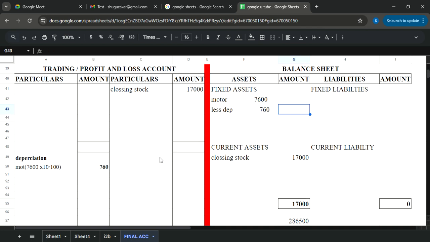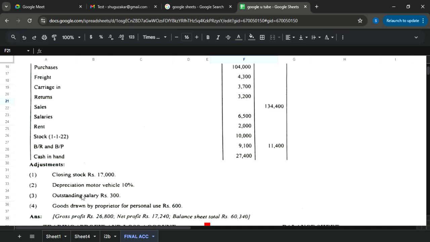Finally this depreciation would be subtracted, so we have got 6840. It was depreciation of motor vehicle. Two adjustments are completed.